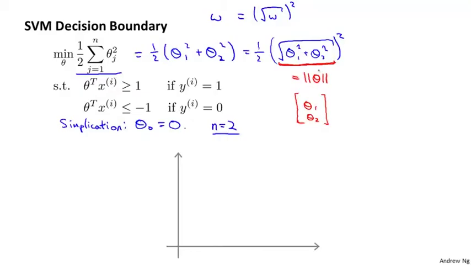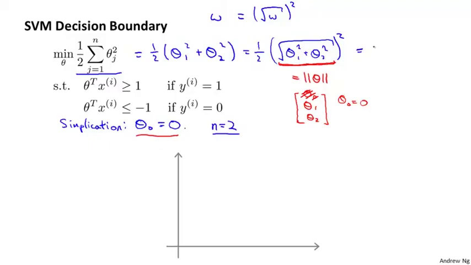And in fact, this is equal to the length of the vector theta whether we write it as theta 0, theta 1, theta 2, that is if theta 0 is equal to 0 as I assume here, or just the length of theta 1, theta 2. But for this line, I'm going to ignore theta 0, so let me just write the norm of theta as theta 1, theta 2 only. But the math works out either way, whether we include theta 0 here or not. So it's not going to matter for the rest of our derivation.